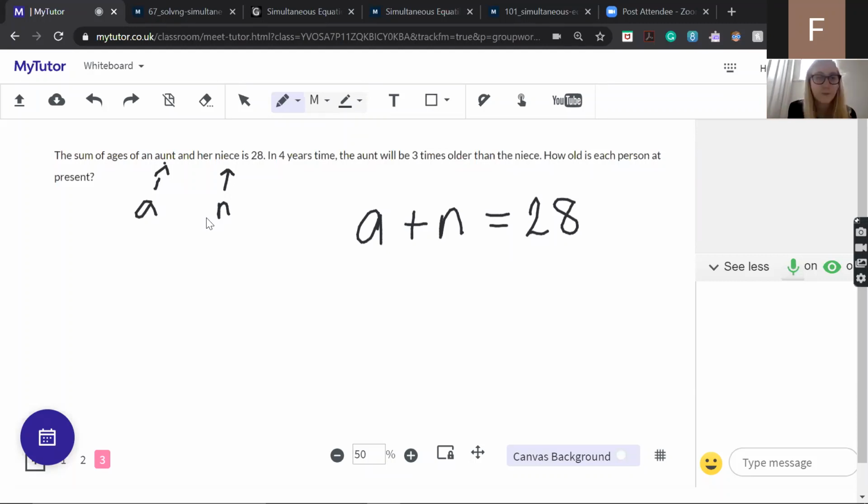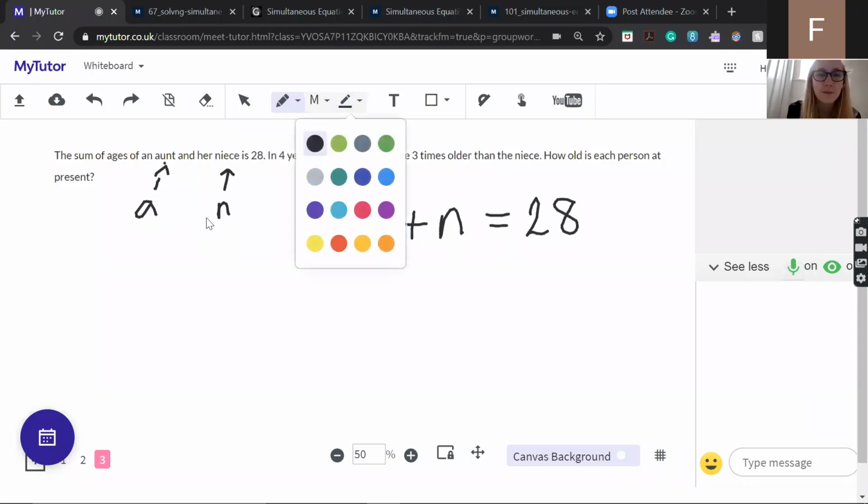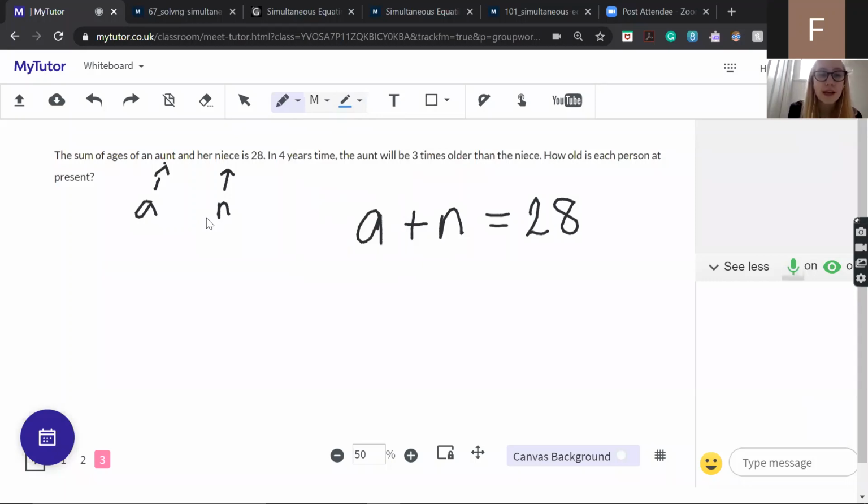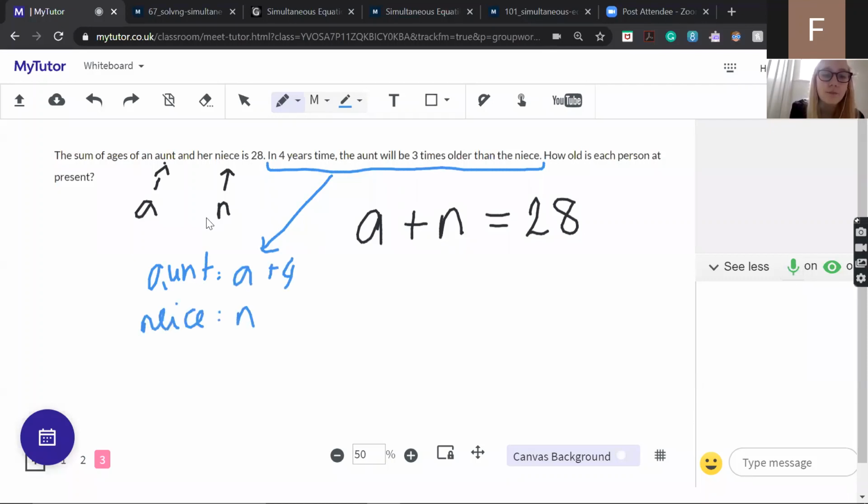We don't know. In 4 years' time, the aunt will be 3 times older than the niece. Now this one is really hard to think about, so forming the equations is actually the hardest bit here. In 4 years' time, let's think about how old they'll both be. A and N are their current ages, so in 4 years' time, the aunt will be A plus 4, and the niece will be N plus 4.